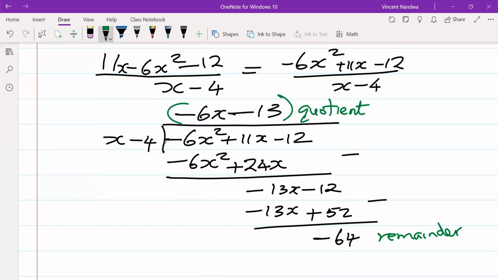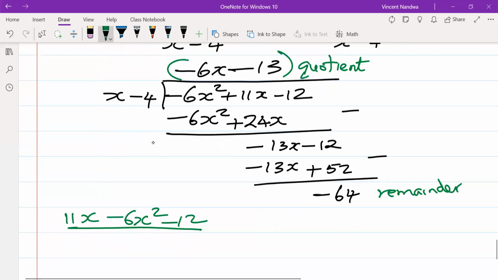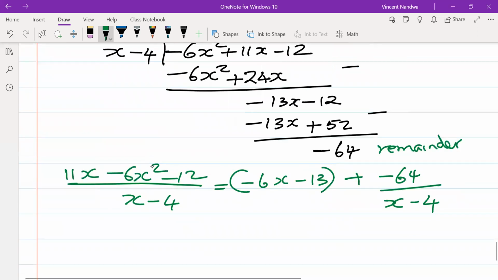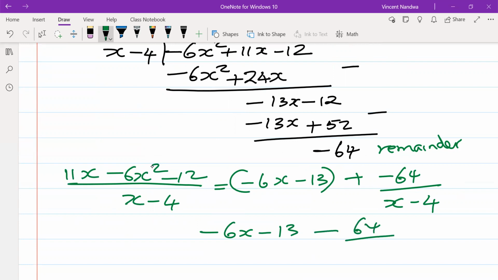So therefore, 11x minus 6x squared minus 12 divided by x minus 4 will be given by the quotient, which is minus 6x minus 13, plus the remainder, which is minus 64 over the divisor x minus 4. Or you can just write this as minus 6x minus 13 minus 64 over x minus 4.